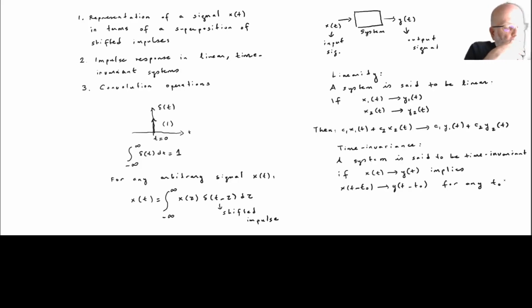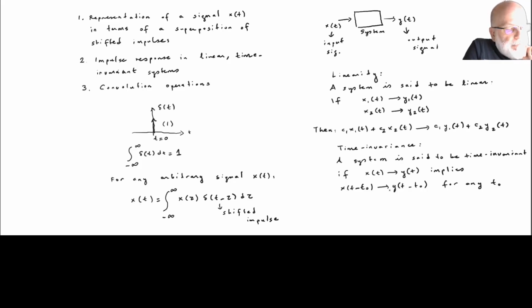Therefore, if the input x of t yields the output y of t, the shifted input will yield the same output but also shifted in time. So for linear and time-invariant systems, we have these two conditions satisfied.